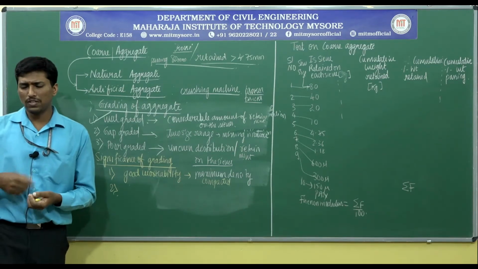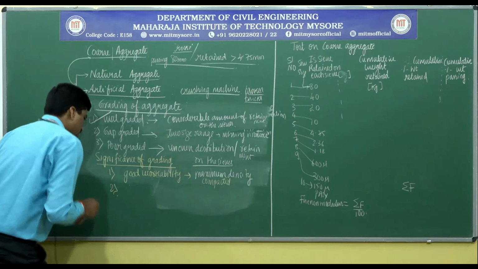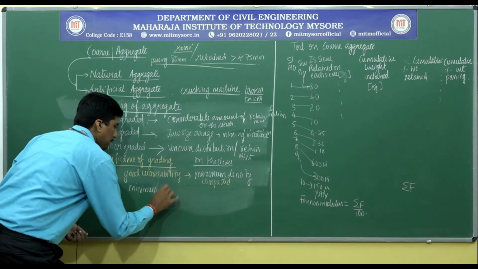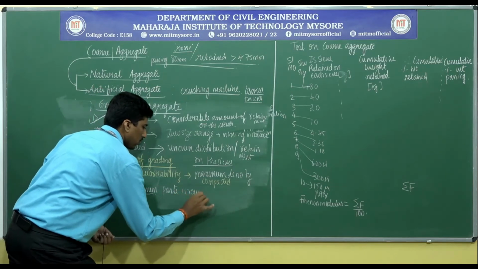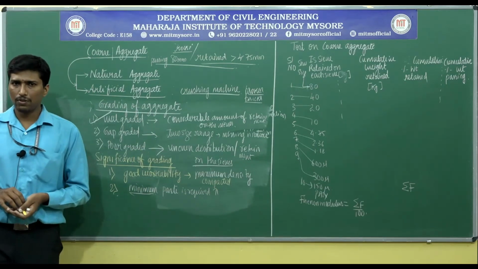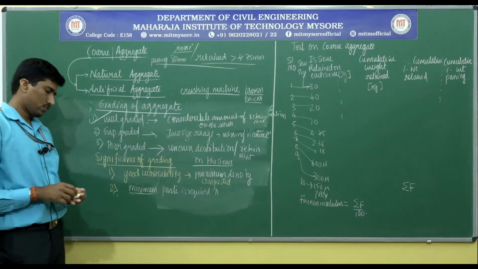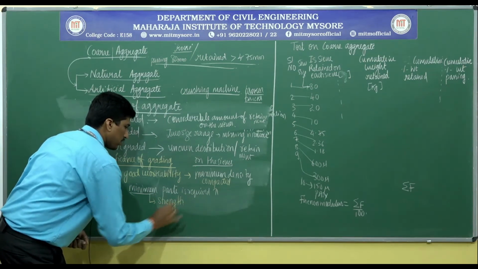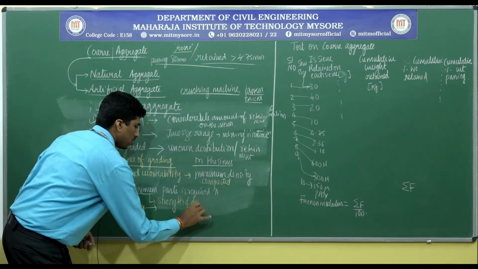Next, what are the maximum as well as the minimum conditions? The thing is the amount of the paste which is required, the binding material. The minimum paste is required for the maximum compaction, okay, for the maximum compaction, and it also increases the strength and durability of the concrete, which maximizes the strength as well as durability of the concrete.